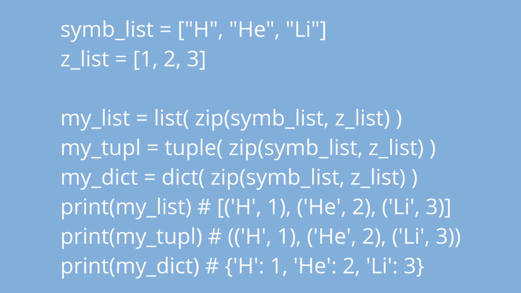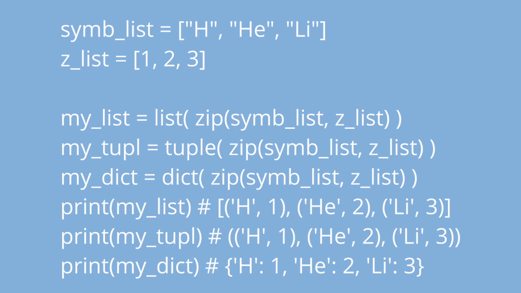Suppose we have two lists, they can be tuples as well, and we want to create a list, tuple, or dict with elements paired position by position. Zip function just does that. symlist equals H, HE, LI, zlist equals 1, 2, 3. You zip them and generate a list, tuple, and dict.